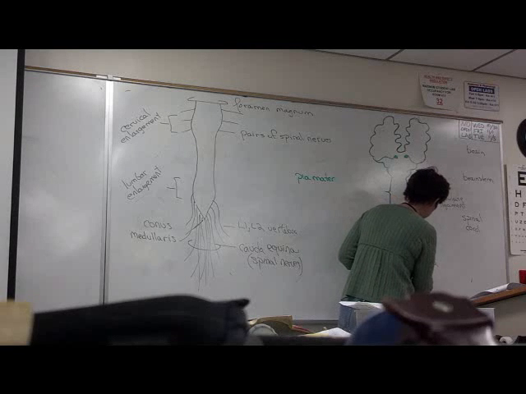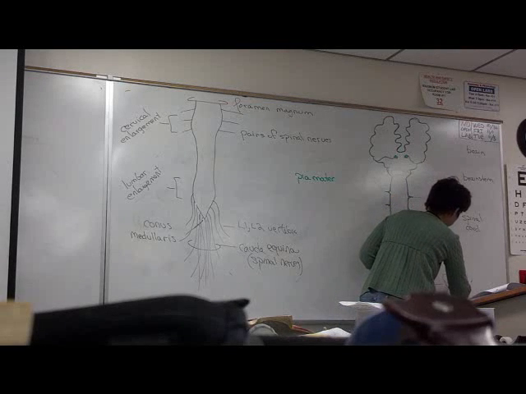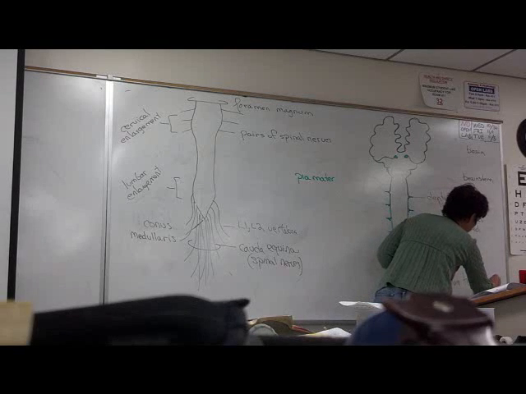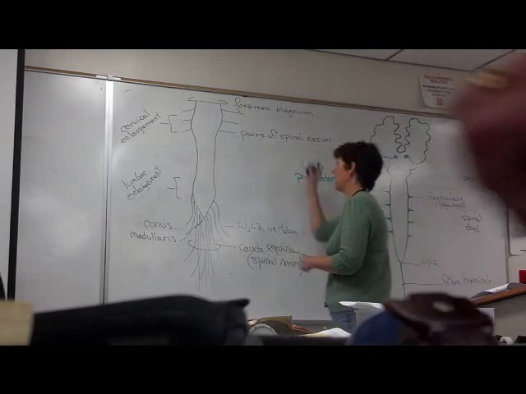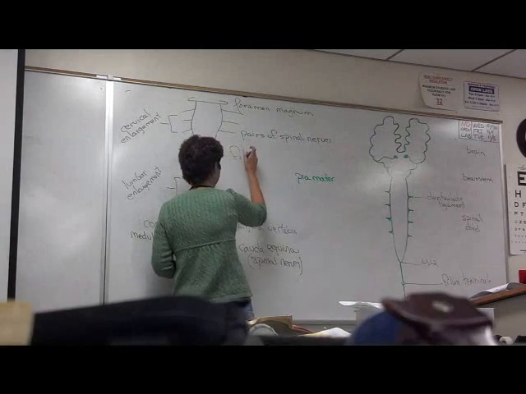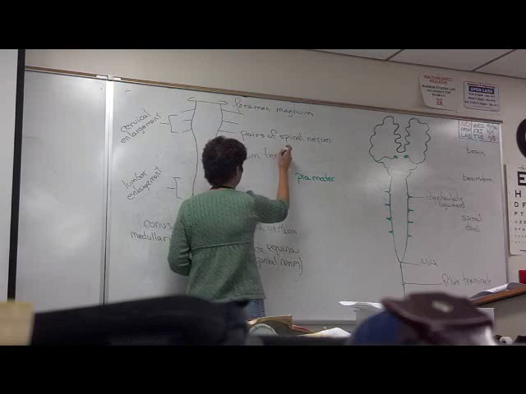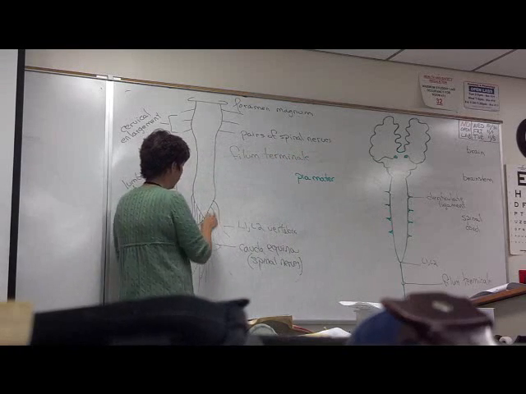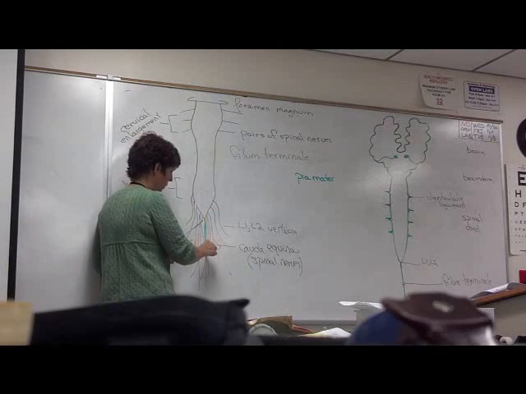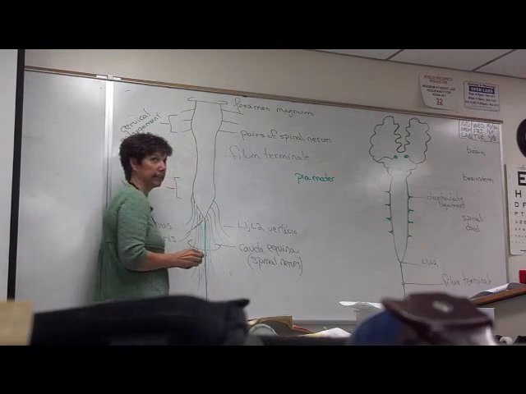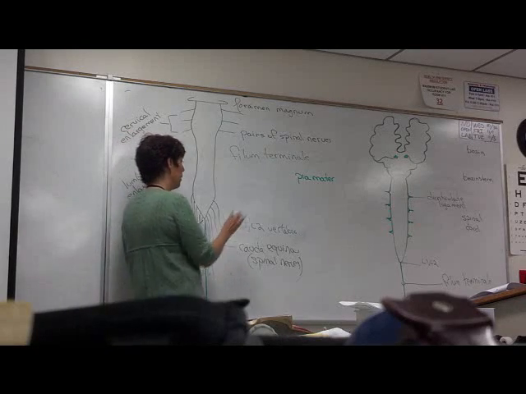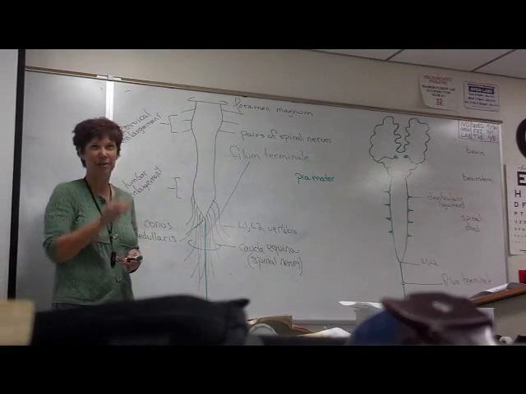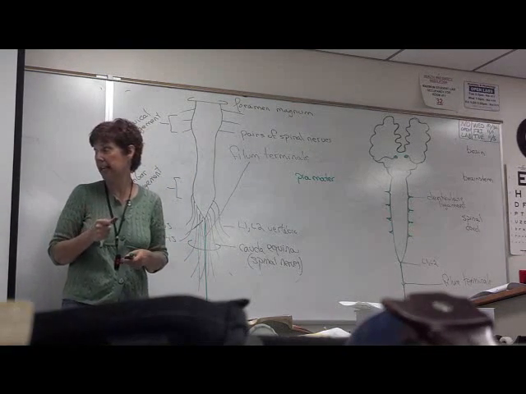And that is what this piece of pia mater is, the filum terminale, and it extends from the spinal cord, the conus medullaris, through all those spinal nerves down to the coccyx. Okay, so it's not a nerve fiber, it's found within the cauda equina, but it's not a nerve fiber. It's just a piece of that pia mater connective tissue.